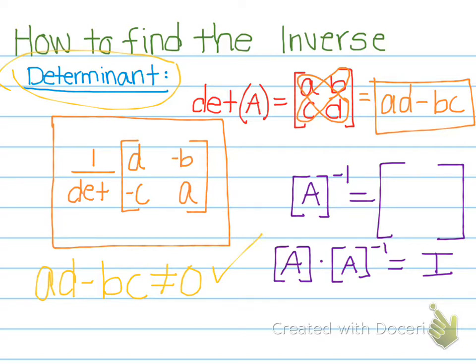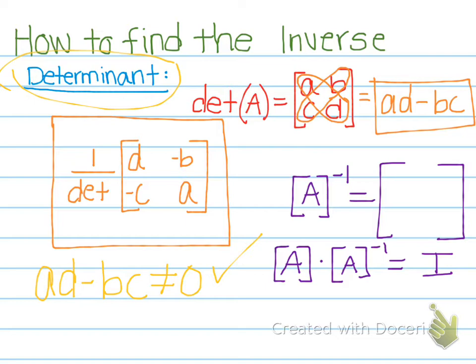So what I would do before finding the inverse in your calculator and taking up that time is quickly find the determinant if you can. And again, we usually only do the determinant in our heads with 2 by 2 matrices. So if there's an example that's a 3 by 3, then you are just going to have to use the calculator and see if it says error or not.